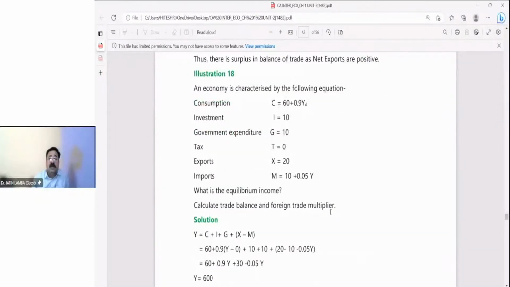See, in illustration 18, an economy is characterized by the following equations: consumption function 60 plus 0.9 YD, investment is 10, government spending 10, taxes is 0, right? Export 20, import function is 10 plus 0.05y. Here 10 is autonomous import and this one is the function of income. First of all, you have to find the equilibrium level of income. I think you can easily calculate it, right?